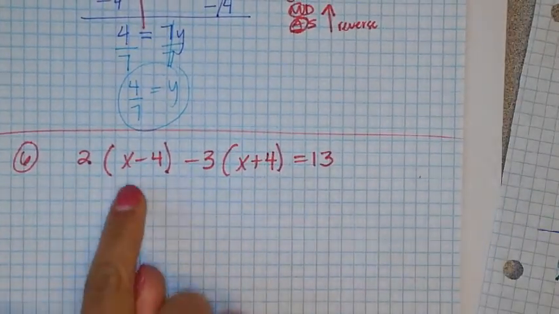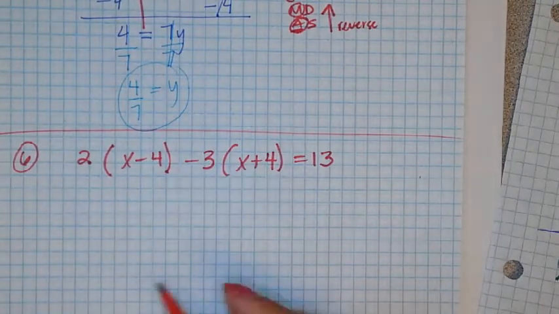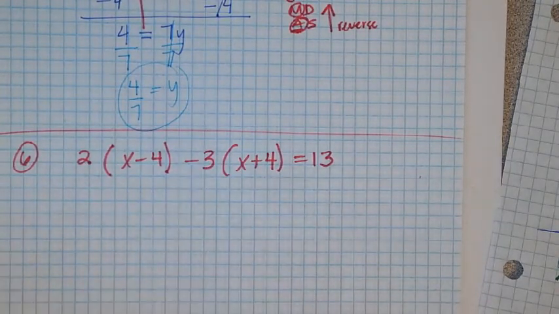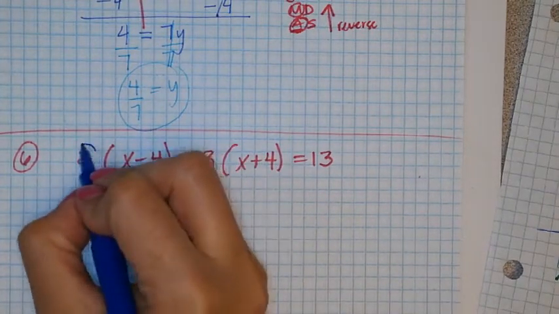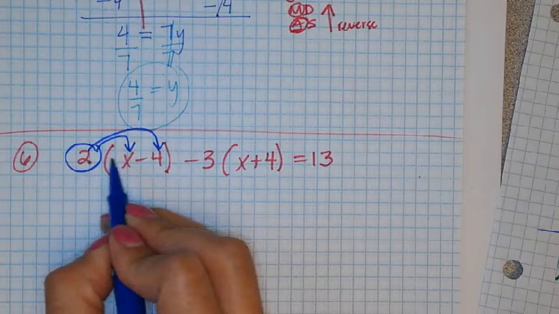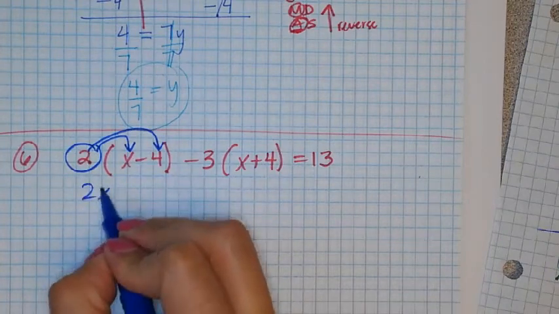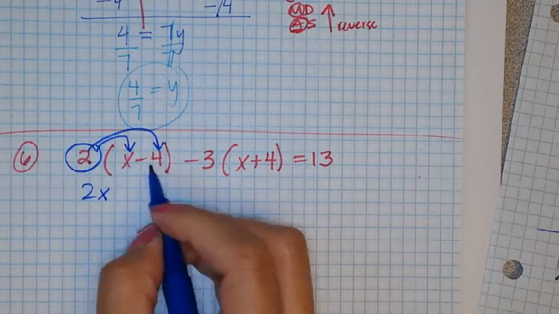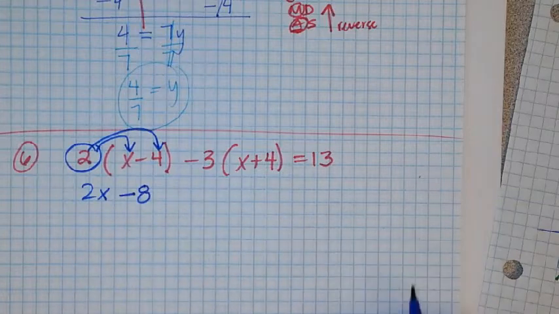So here I know I have parentheses, so I know I have to distribute, and then probably I'll have to combine like terms. Okay, so I first distribute, so I circle the number in front, put my arrows to distribute. 2 times x would be 2x, 2 times negative 4 would be negative 8.